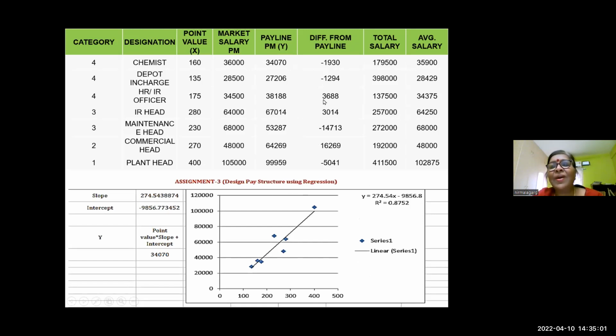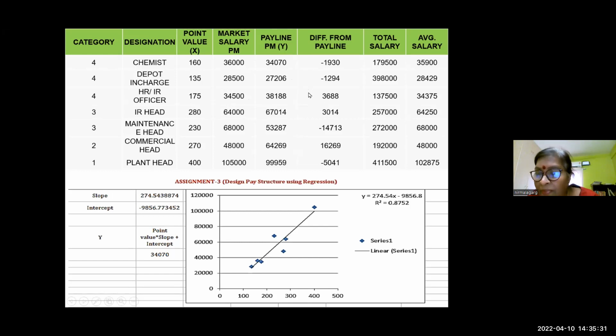This one, minus plus. Now let me tell you, you may have thought that the market is giving 34,000, the market is giving 36,000, but the pay line salary is 34,000. The market is saying 28 and here it is 27, but here it is 34 and it is 38. Essentially, when you are only comparing job to job, in any case you can do it.